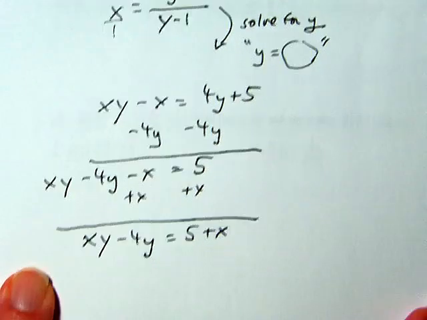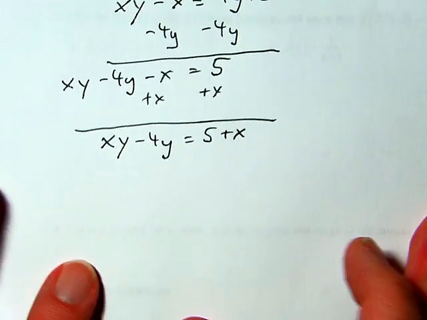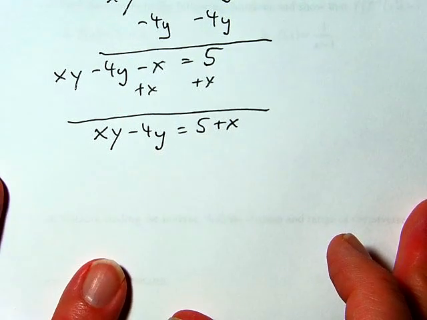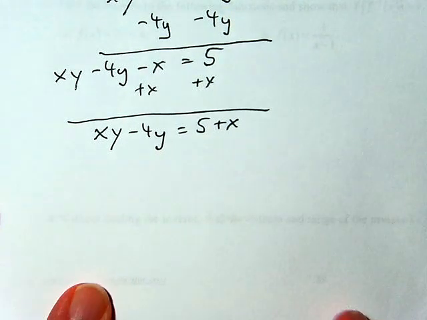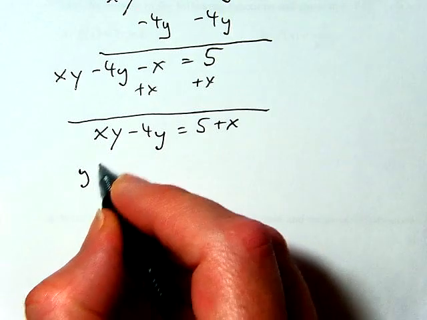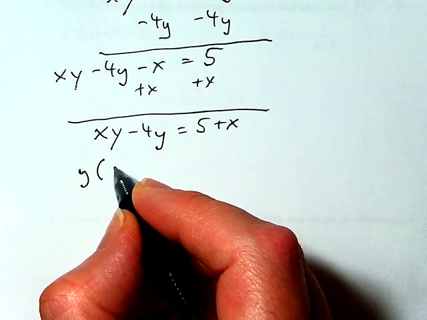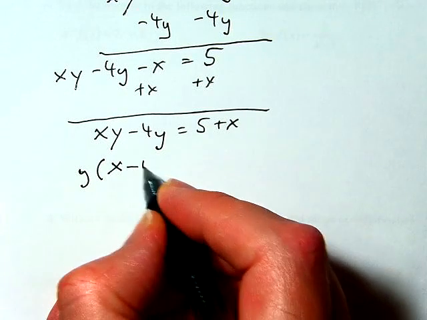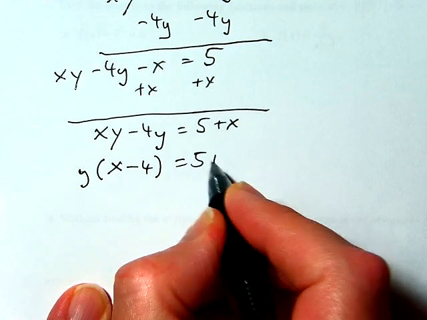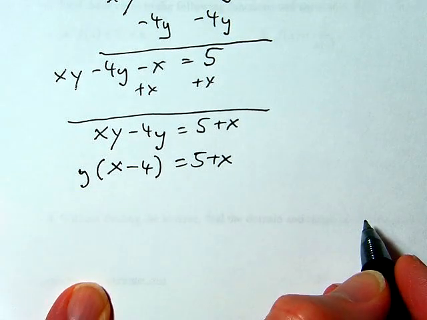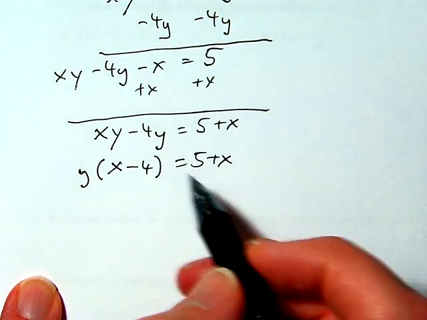And now we're in a position to be able to factor out the y and basically isolate it, which is what we wanted to do from the very start. So we can factor the expression on the left into y times (x minus 4) equals 5 plus x. I hope that was pretty clear, how we do the factoring.